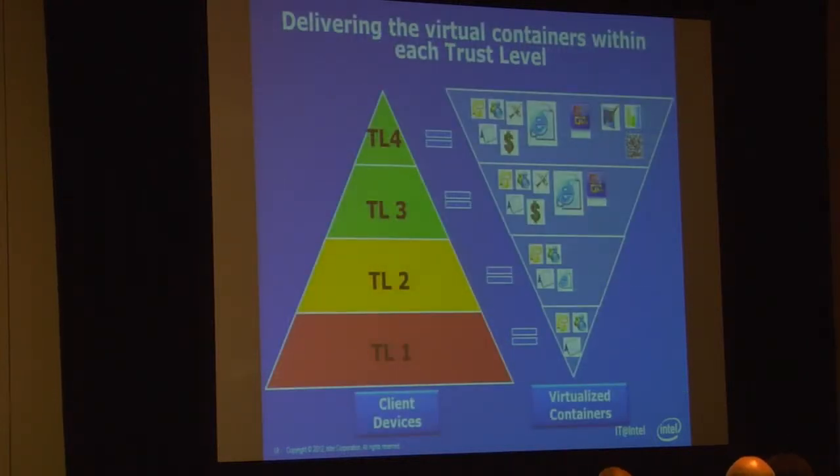At trust level 1, so for example, when we first brought iPhones into our enterprise, at trust level 1, we allowed calendar, contacts and email. But because we didn't trust the security of that device at that point, because of the operating system that was on it, we didn't deliver attachments to that email. If somebody had a need for attachments, we found another product that they would have to install.